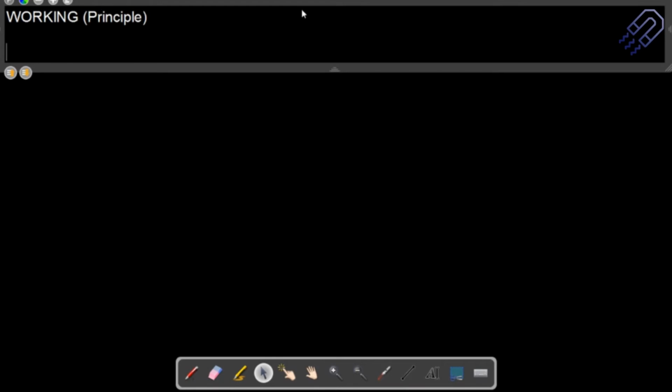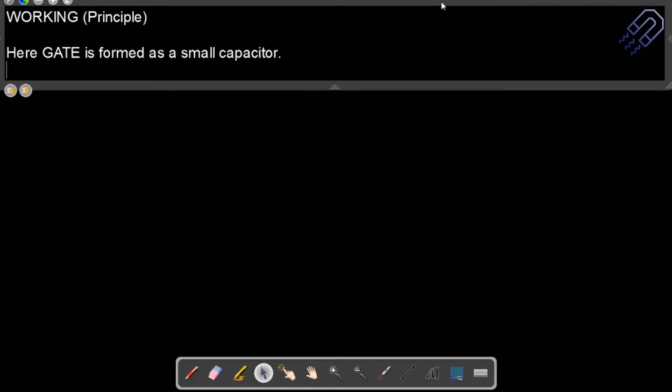What I can write down here is, the gate is formed as a small capacitor. That's the capacitor that we have, and that is the entire principle of its working. So we have 2 plates in a capacitor.